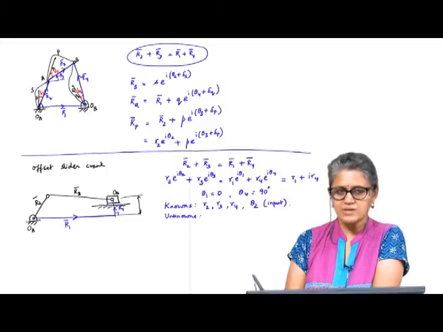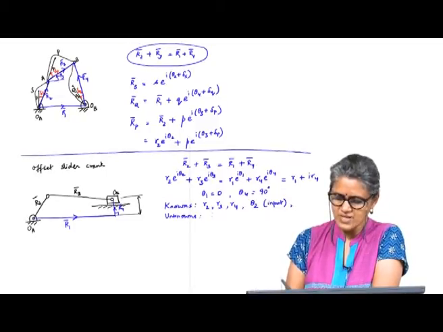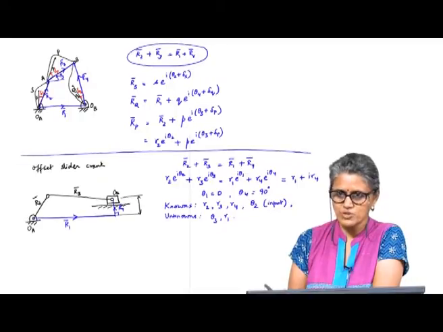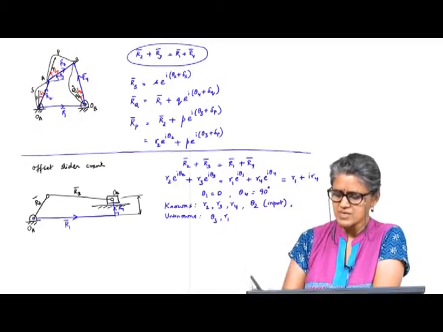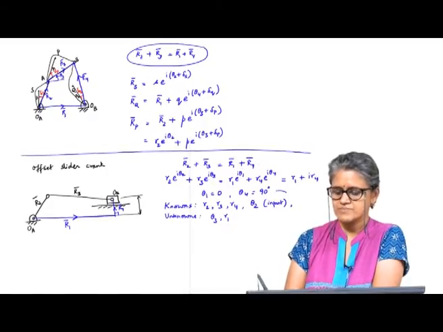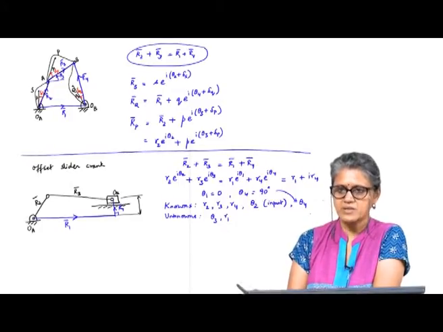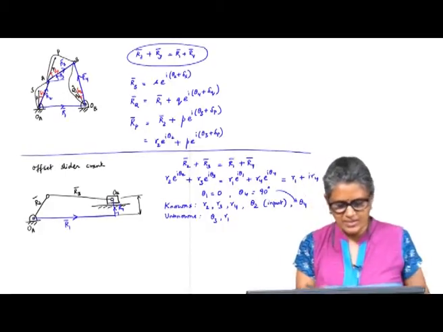What else is known here? Unknowns are theta 3, R1. Theta 4 is known, right. So, theta 4 is known here. So, you are essentially solving for theta 3 and R1.